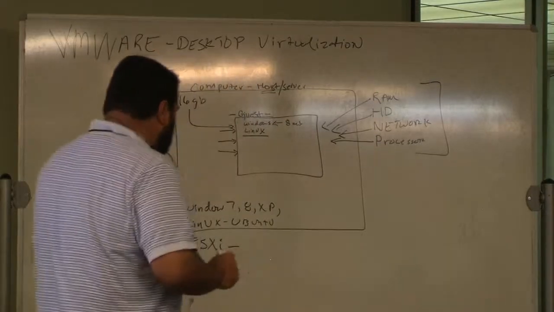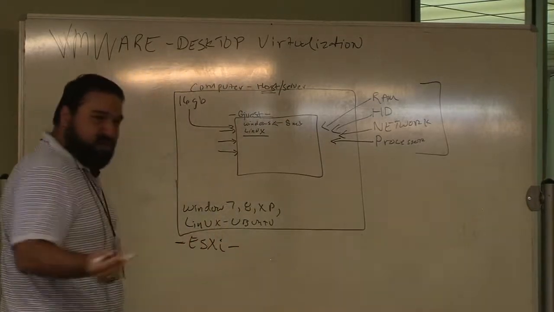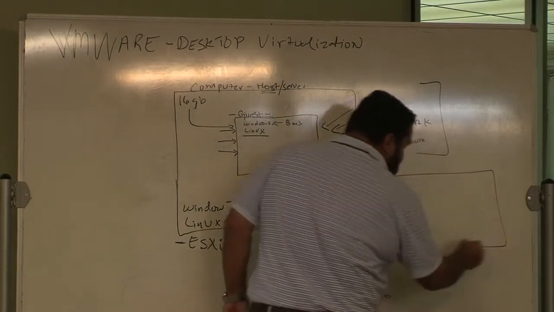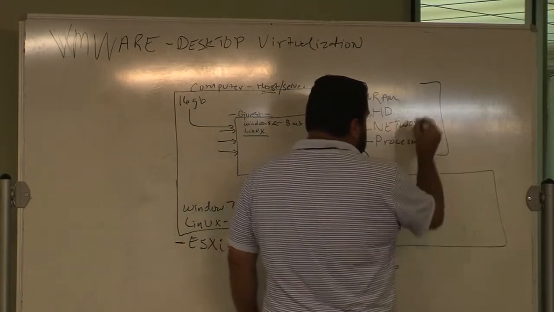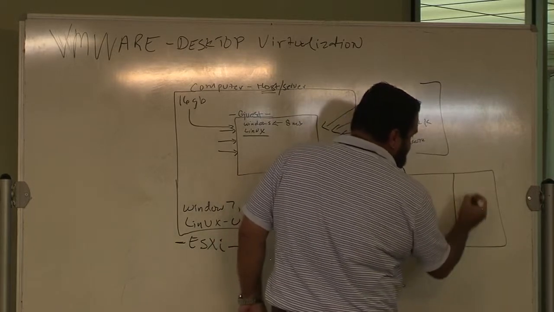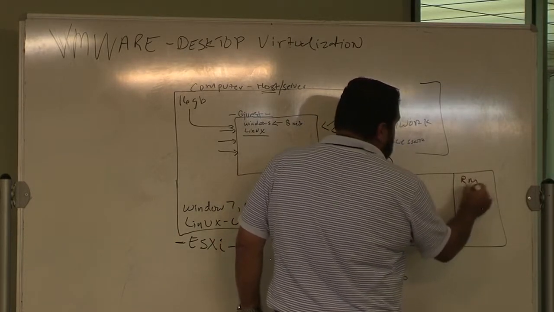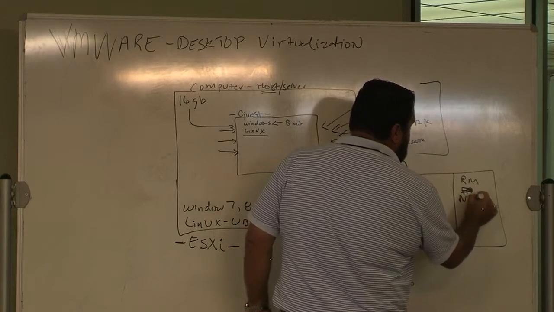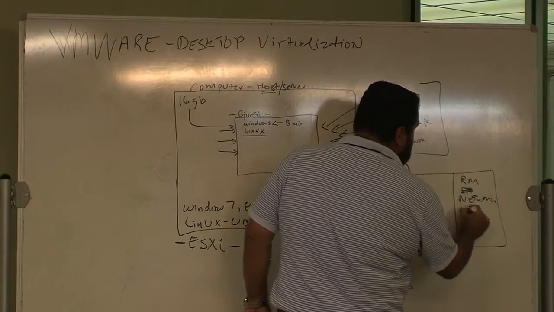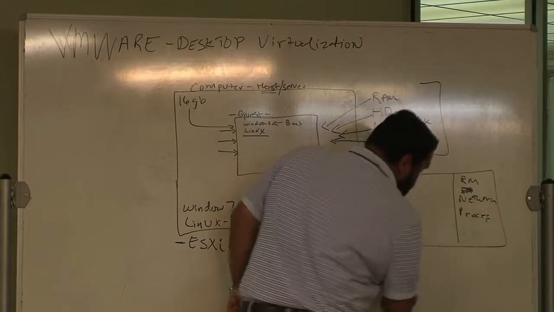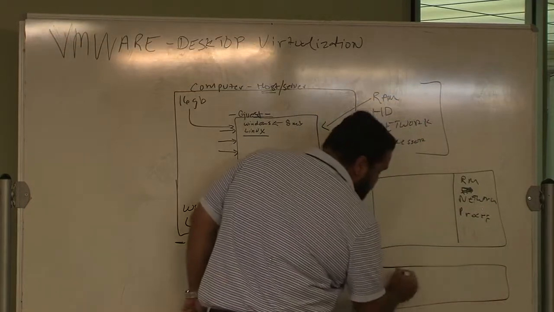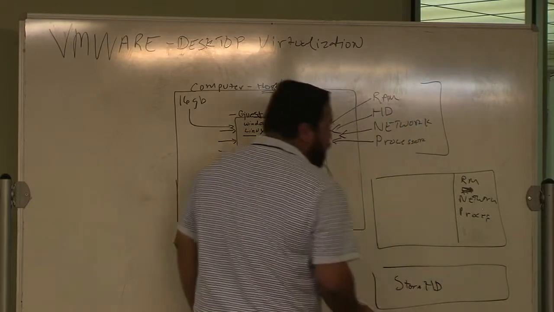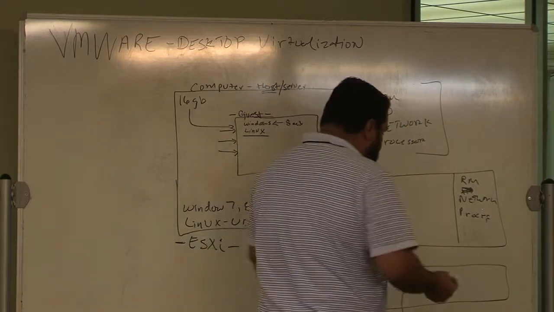This is also for Blade type servers. If y'all are not familiar with Blade type servers, you have this big machine, and you basically have a bank of RAM, network, and processor. And then you usually have storage over here, which is your hard drives. Okay? I think that Joe went through that last time.